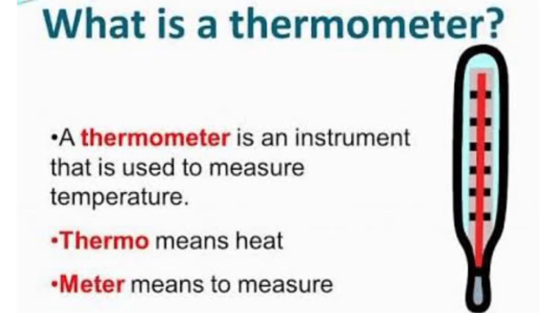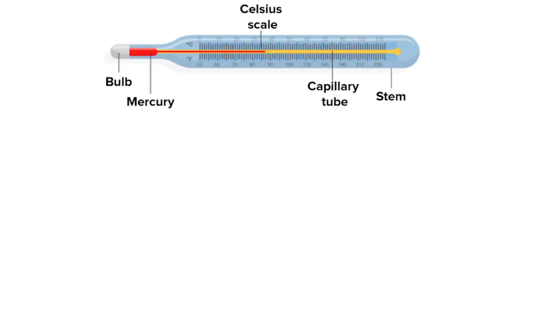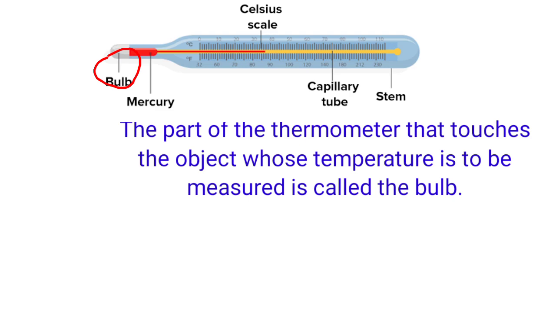Thermometer. Thermometer is an instrument that is used to measure temperature. A thermometer consists of a long stem with a bulb at one end. These are the parts of the thermometer. Number 1, bulb. The part of the thermometer that touches the object whose temperature is to be measured is called the bulb. The bulb contains a liquid that expands upon heating and contracts upon cooling.